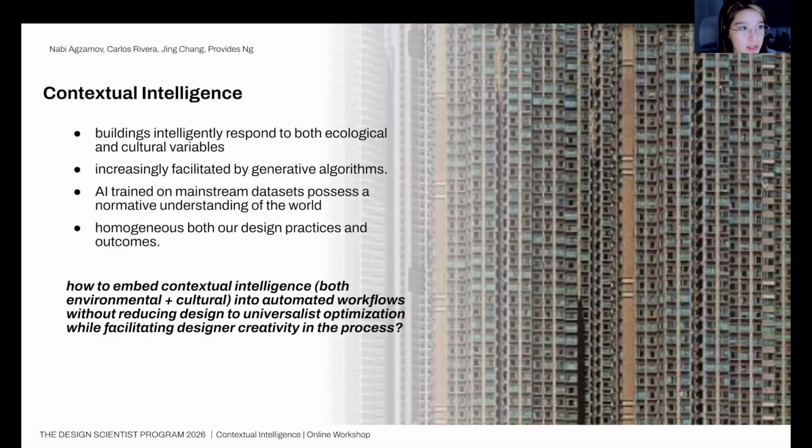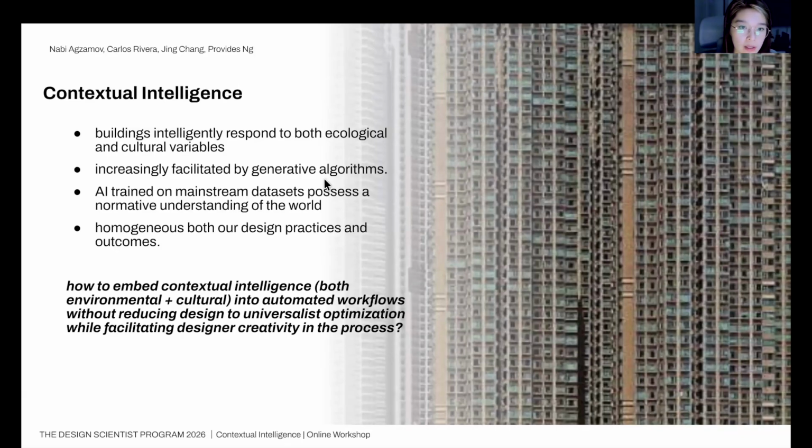And it easily homogenizes both our design practice and the outcome. And so the whole project wants to confront this homogenization at the forefront of sustainable architecture. And the question becomes, how do we embed contextual intelligence, both environmental and cultural, into the automated workflow without reducing design to universalist optimization, while designers can still maintain creative authorship in the process.